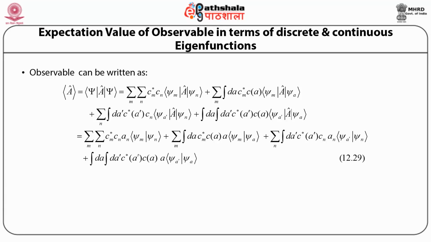This is simplified to get summation over n Cm star Cn an into the scalar product of psi m and psi n, plus summation over m integral over dA Cm star C of A into the scalar product of psi m and psi a, plus summation over n integral over dA prime C star of A prime Cn an and the inner product of psi A prime with psi n, plus integral of dA prime C star of A prime into C of A into inner product of psi A prime with psi a.